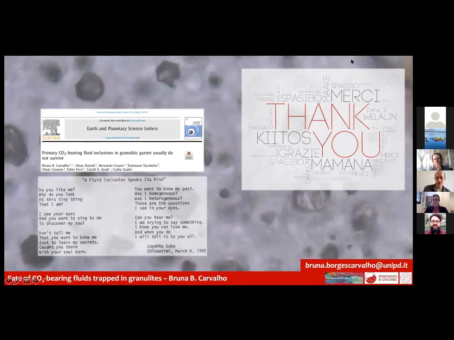Okay, another question. I have one, but I'm going to answer the ones that are popping up in the chat first. Some of your inclusions show really good negative crystal shapes, cubic or hexagonal. Do these show any specific characteristics? Yes, they may have negative crystal shapes, but sometimes we see that in some places, maybe I will try to go back.